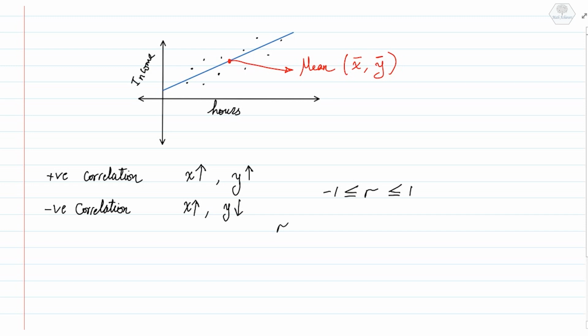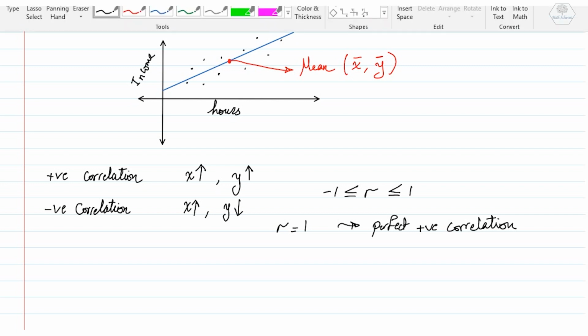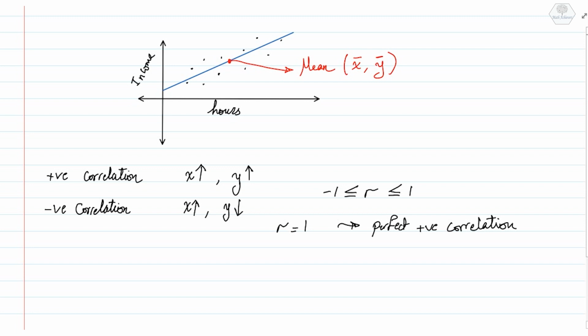If r is equal to 1, then it's a perfect positive correlation between the variables. The scatter plot forms a straight line when r is 1.